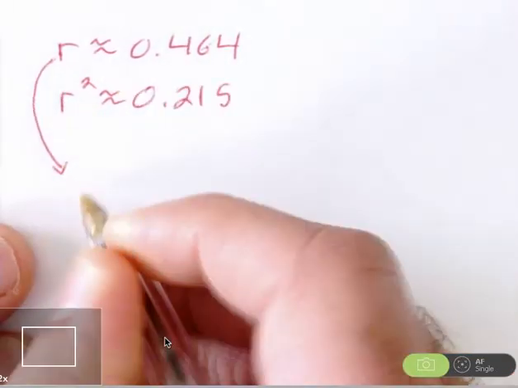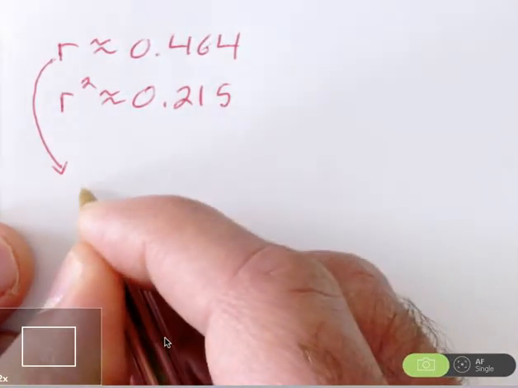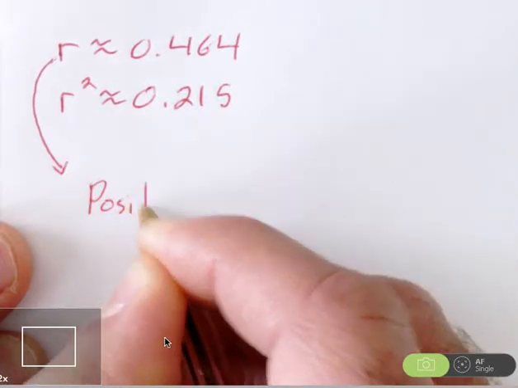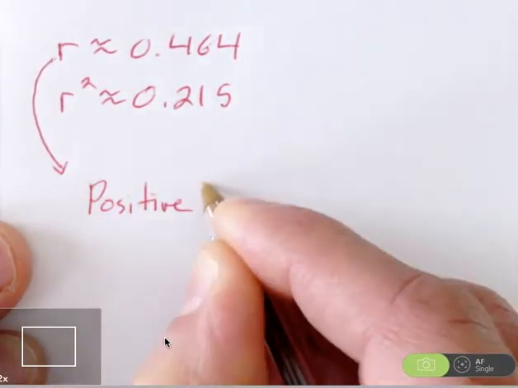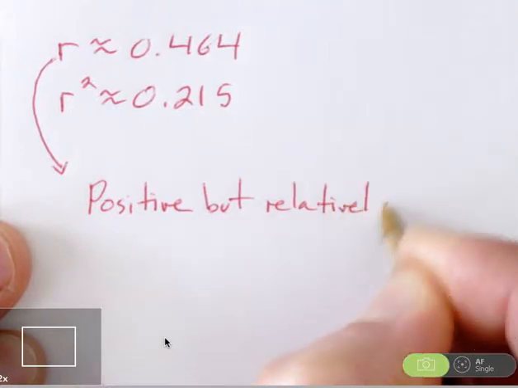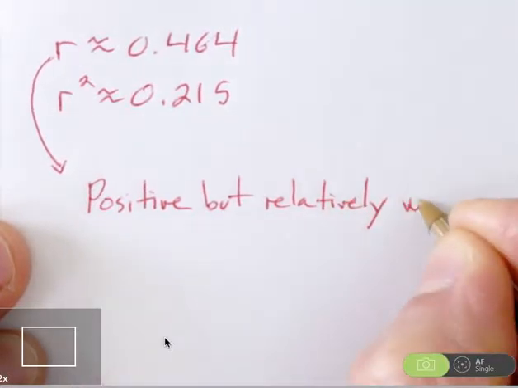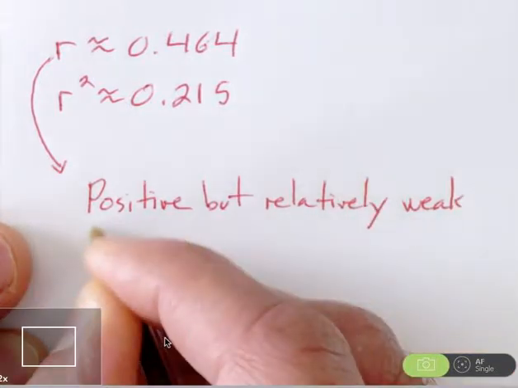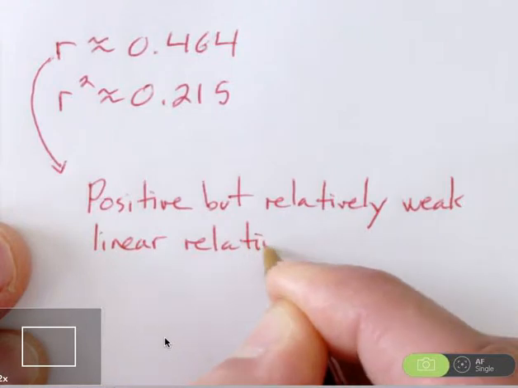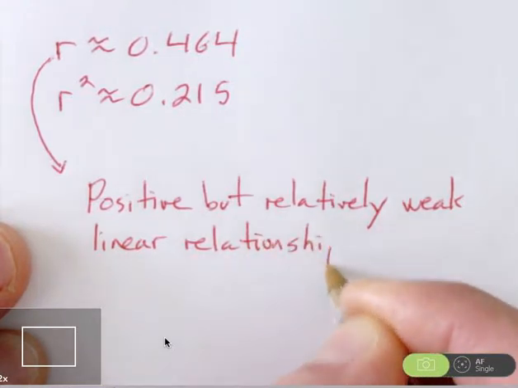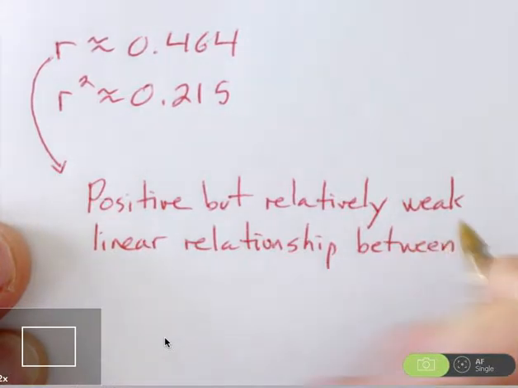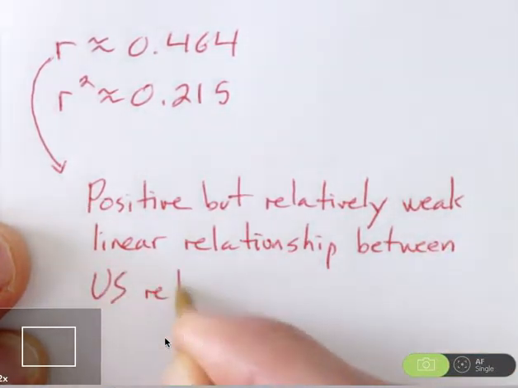So that correlation means that we have a positive, but relatively weak, linear relationship between US returns and overseas returns.